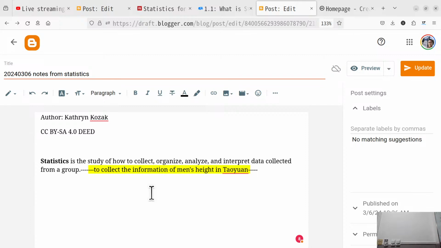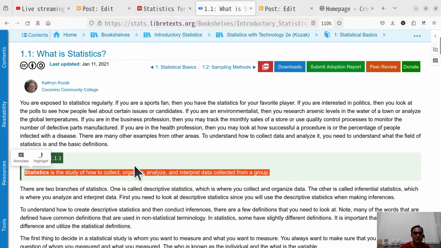Get it? And in the future, I hope you can use your cell phone as a mini laptop. And when you join different fields, for example, business or accounting, you can write down notes like this. And you can copy and paste the different definitions here.